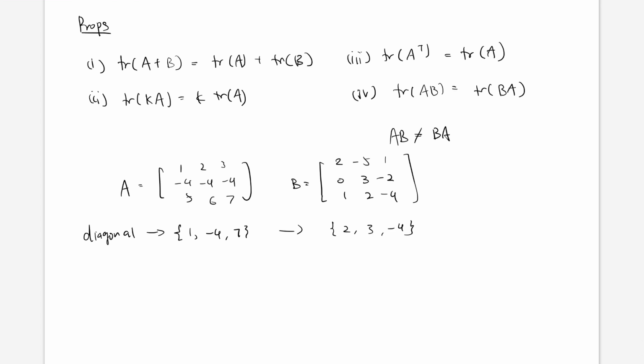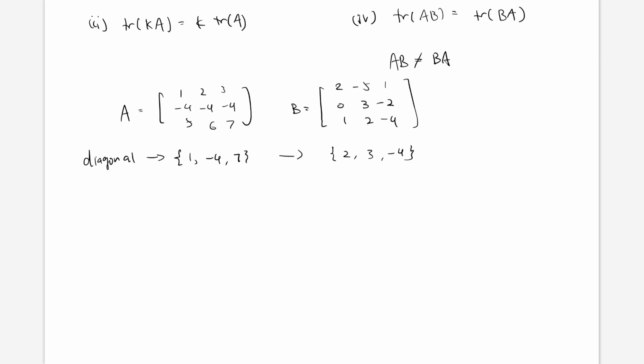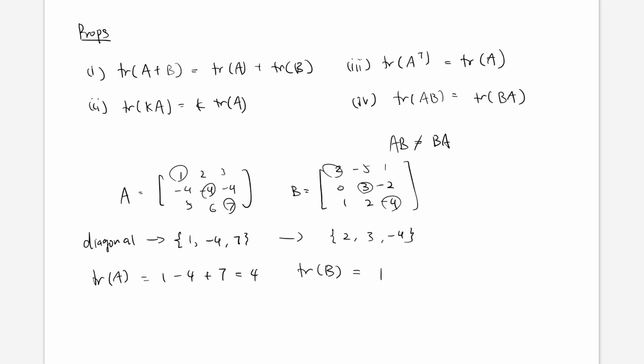Now let's take the traces. Trace of A is 1 minus 4 plus 7, which is equal to 4. Trace of B is 2 plus 3 minus 4, which is equal to 1. And you can check the properties that we have if you feel like it. We'll do it quickly.